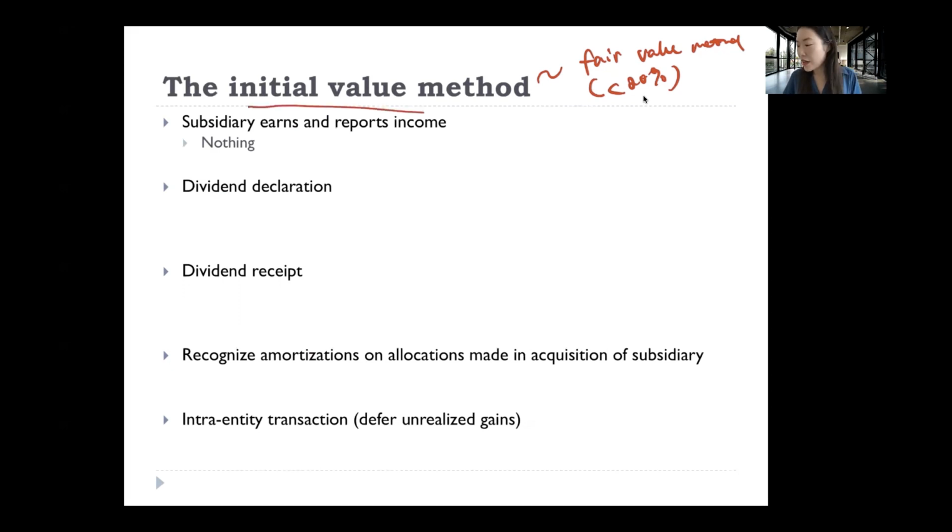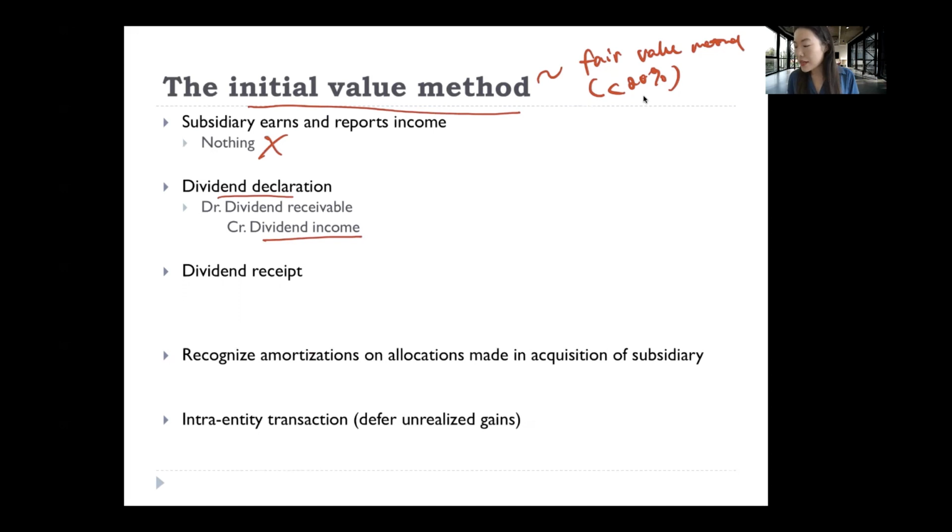Under the initial value method, when the subsidiary earns and reports income, the parent does not do anything. When the subsidiary declares dividend, the parent's journal entry is to debit dividend receivable, credit dividend income. So this is viewed as an income for the parent.